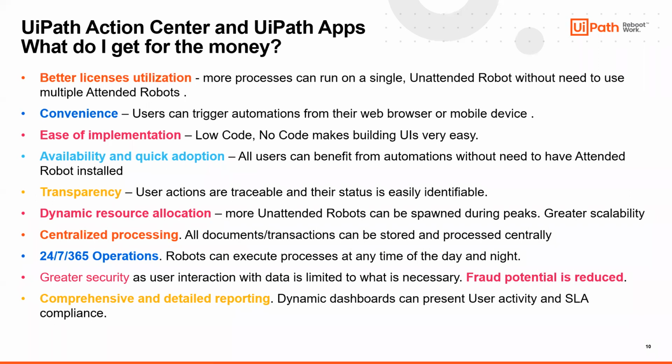Transparency is also there because all user actions are traceable. We can see how many actions are left for a user to process, how many actions he has processed, what the timeline and SLA are, and whether he stayed within SLA. Using unattended automation also gives us an option to allocate resources dynamically. Imagine we have 5 attended robots and they run out of processing time; it's tough to add another attended robot.